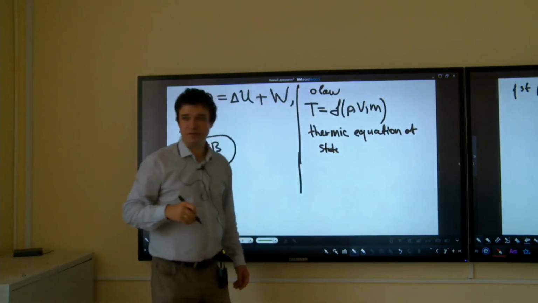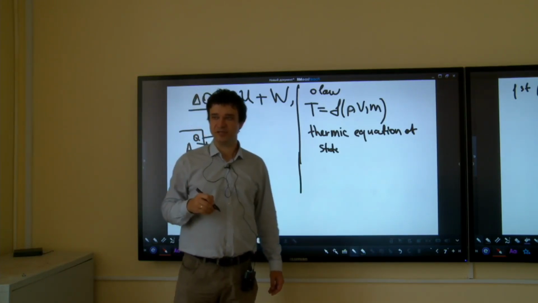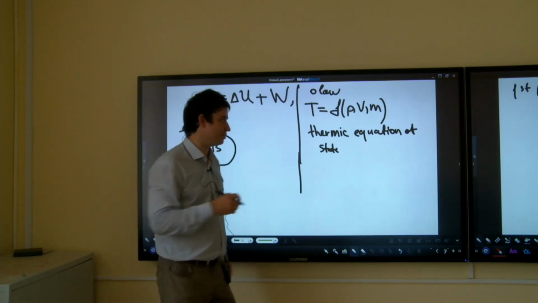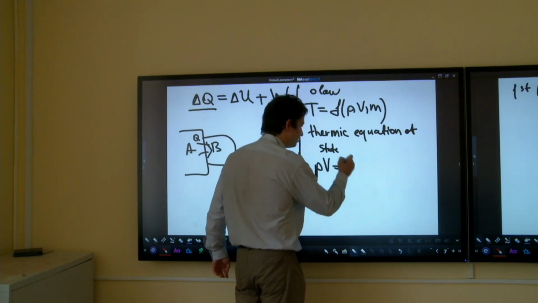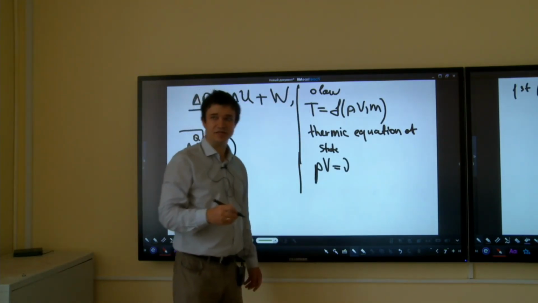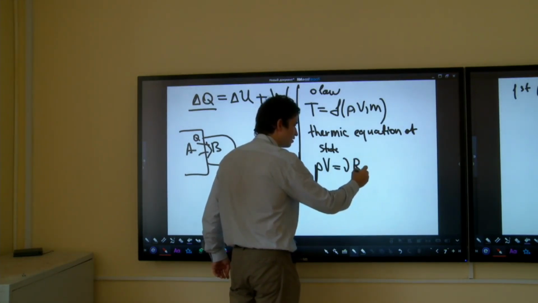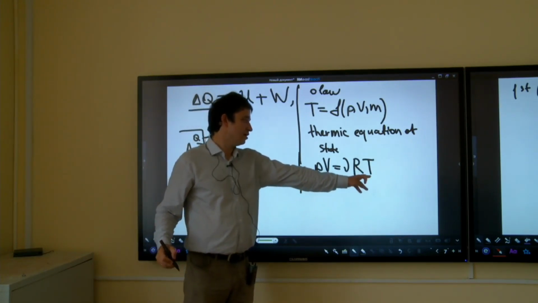One of them you should already know, the equation of state for the ideal gas. So can anyone tell me the equation of state for the ideal gas? Oh yeah, so I hear some. So I multiply pressure by volume, and that equals the amount of gas times R, which is called the universal gas constant, times T, which is temperature.